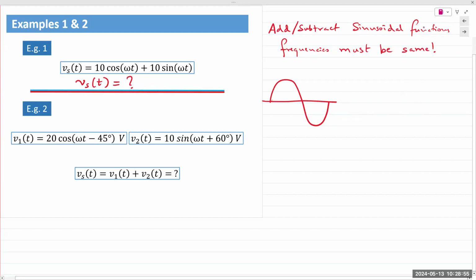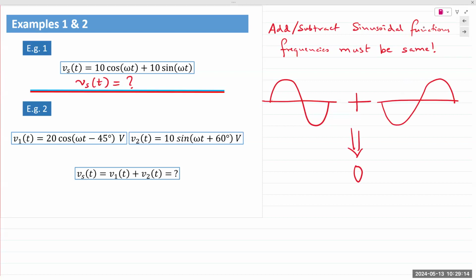When you add them together, if it's opposite phase and the magnitude is the same, which is something like this. Actually, it's not quite the same waveform. It's 180 degrees out of phase. If you add these two together, the resulting value of the waveform is 0. And that's how the noise cancellation feature works.